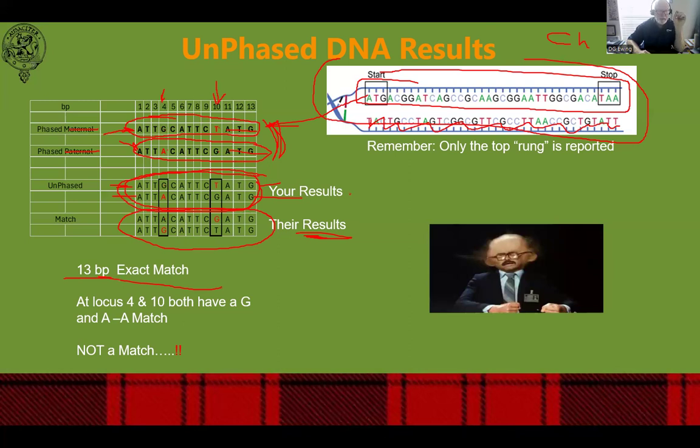The problem is that this chromosome doesn't match either one of these chromosomes, and this chromosome doesn't match either one of those chromosomes. So we don't have a match at all, other than these short little segments, and they're so small that we don't use small segments. We'll talk about that a little later on.